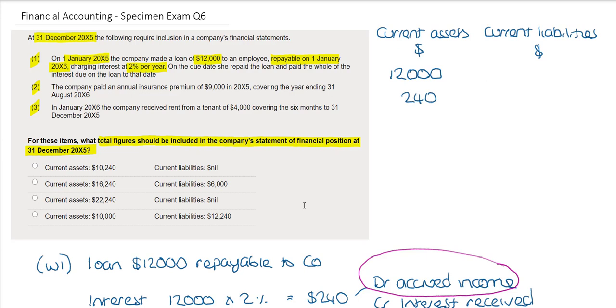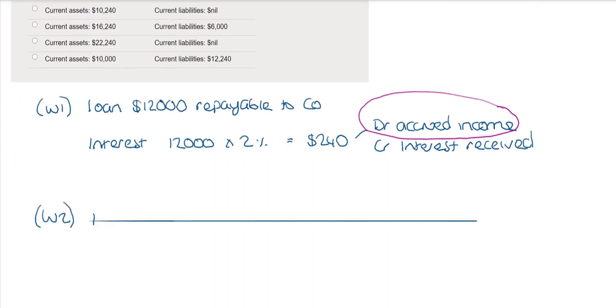In our second issue, it tells us that the company paid an annual insurance premium of $9,000 in 20X5, covering the year ended to the 31st of August 20X6. So once again, we can set up a working, and this time we should use a timeline so that we can see what's going on within the year. We can see that our year end begins on the 1st of January and ends on the 31st of December X5.